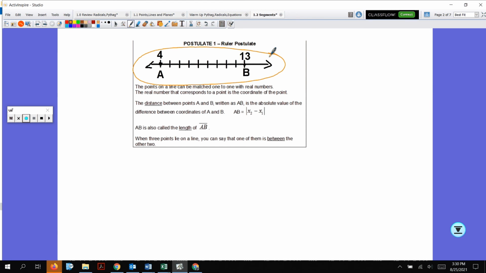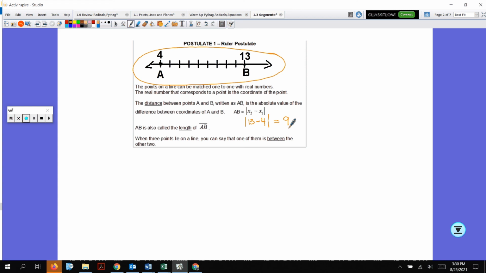So the distance between points A and B, written as AB, right, is the absolute value of the difference between the coordinates, okay? So if I plug in the numbers here for x2, that's going to be my B, so I'm going to plug in 13 here, and I'm going to take away x1, which is A, 4. 13 minus 4 is 9.